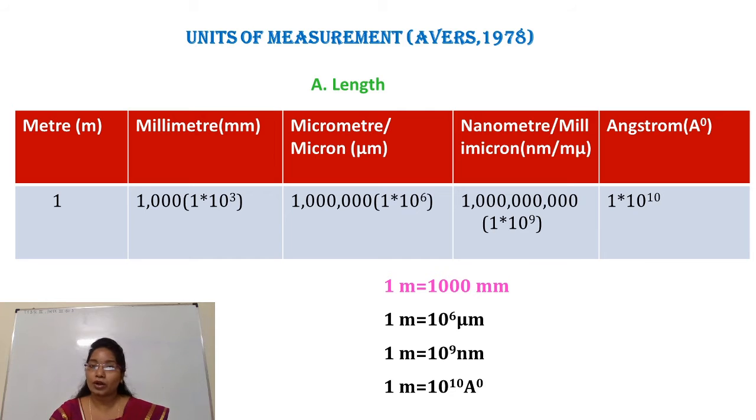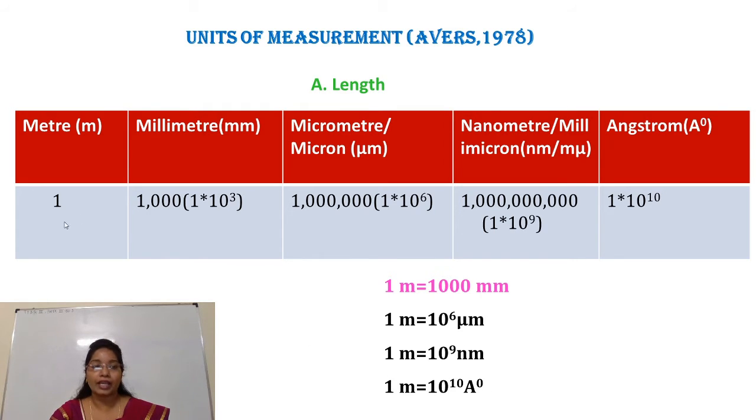Micrometer is also called micron. Majority of bacterial cells are measured in microns. So, 1 meter is again equal to 10 to the power 9 nanometer, and finally 1 meter is equal to 10 to the power 10 angstrom.